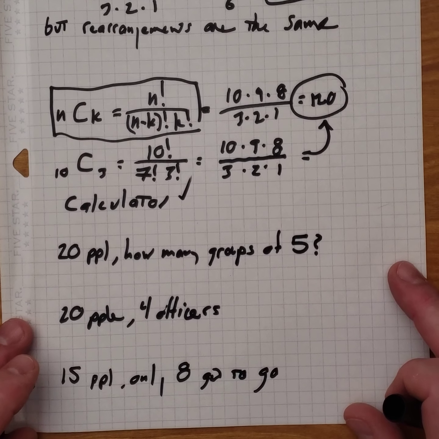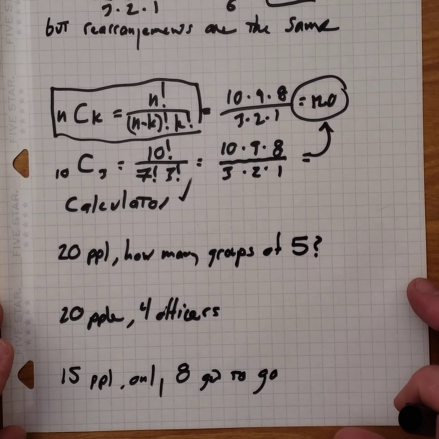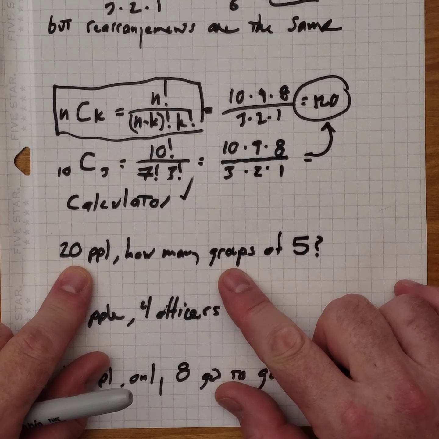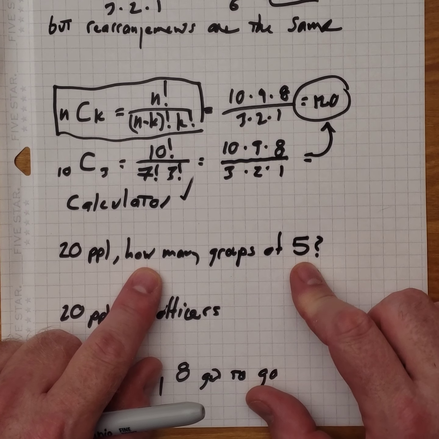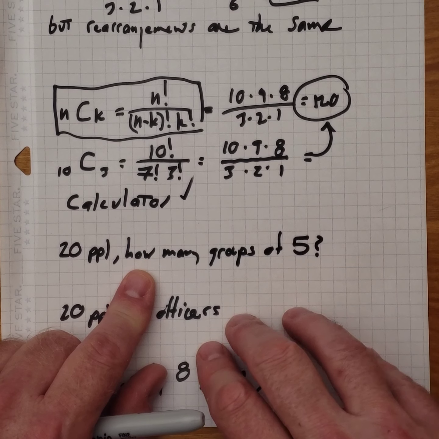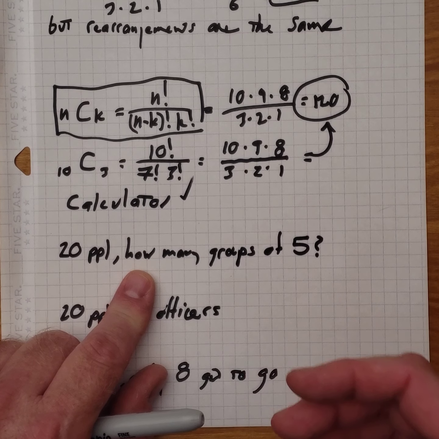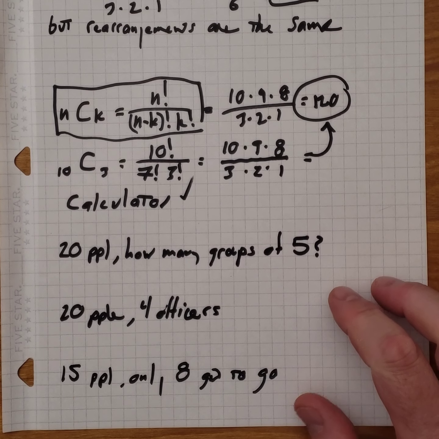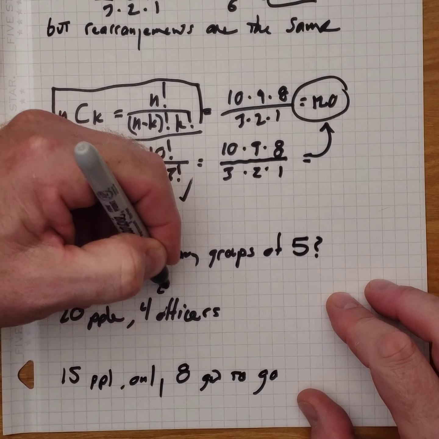Let's look at just a couple, and then I think I'm going to do one more of these just to practice this a little bit. So if we have 20 people, how many different groups of 5 can we choose? Now, is that going to be a permutation or a combination? If you're just choosing a group of 5, then the order does not matter. That's going to be a combination. So we want 20C5.